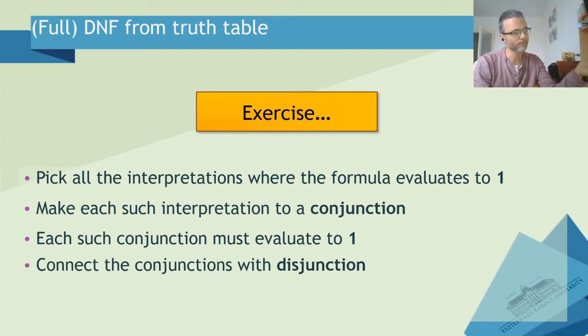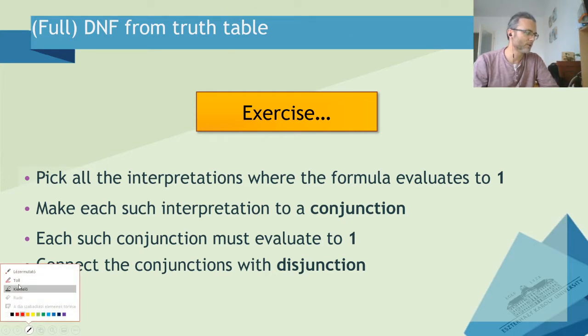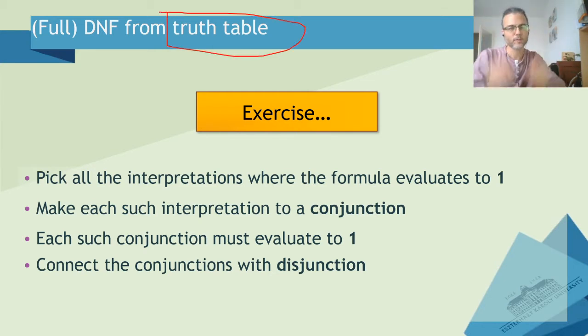So here is one which is based on truth tables. You know what truth tables are. So just imagine that I give you a formula, very ugly and very long one. First, you have to construct a truth table for that formula, and after that, from the truth table, you can generate either a DNF or a CNF.